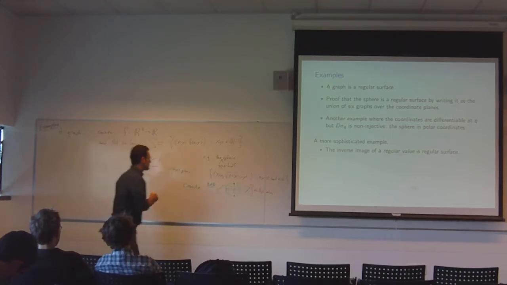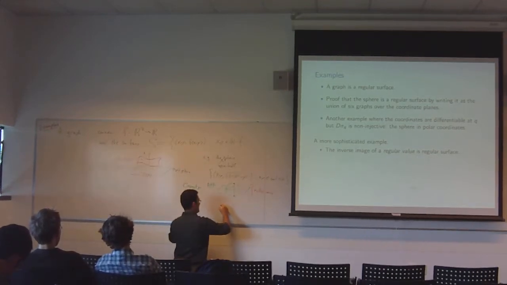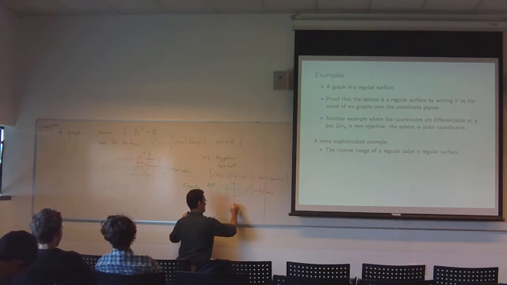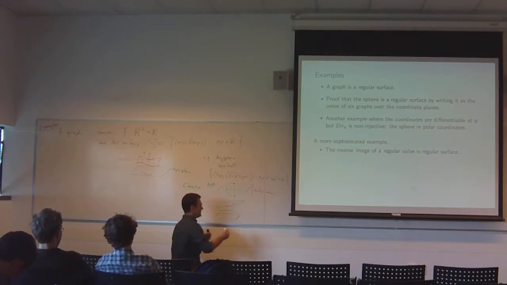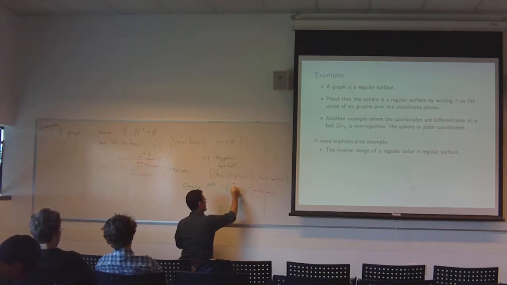Okay, and vertical tangents are also bad. So let's say, I'm going to draw that. Here's our plane. I'm trying to figure out how to draw a vertical tangent in a smooth way. How's that? What do you think? So here you have a place where the tangent is vertical.